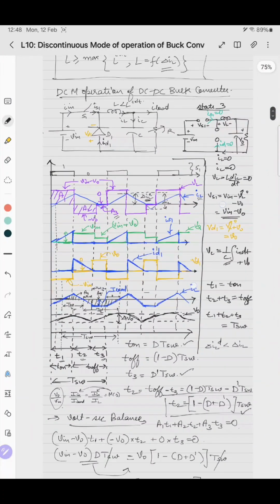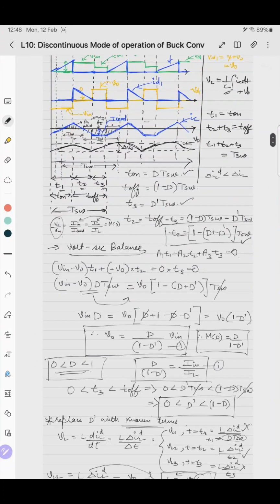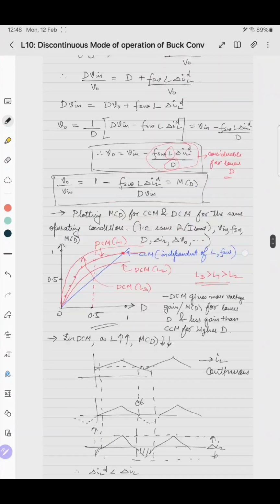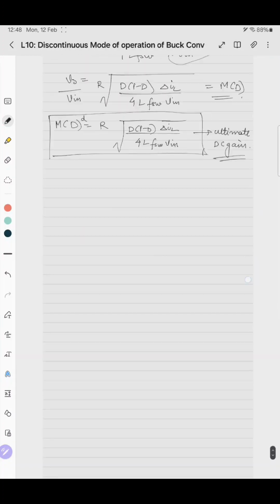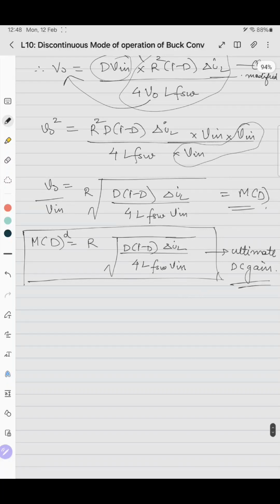Our aim is to replace delta IL of D and D dash in terms of the known parameters. We did all types of simplification, and we ultimately succeeded in replacing delta IL of D and D dash in terms of these known parameters, where at least delta IL of D should be known.